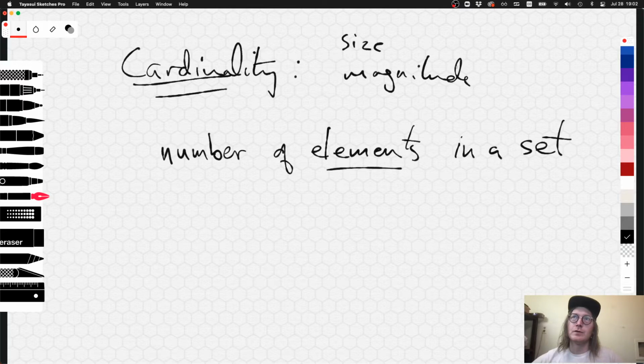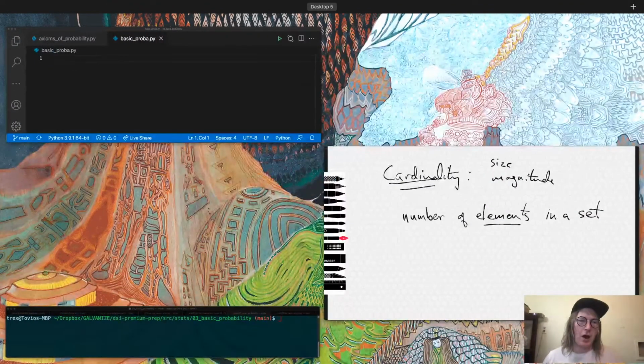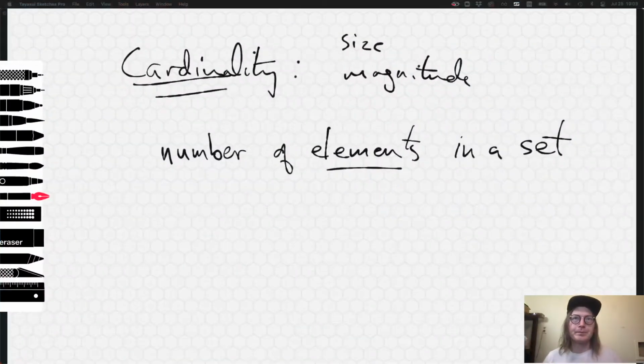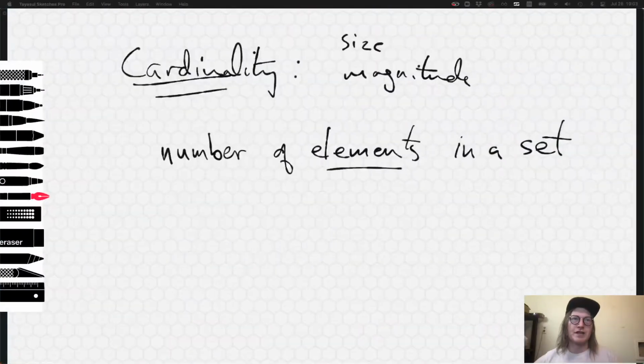Magnitude's a good one because the symbols that we use to represent this are the same symbols that we might use for magnitude.